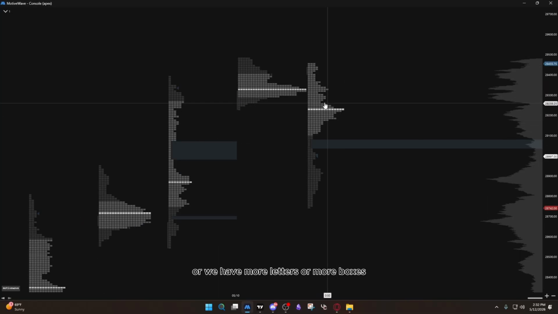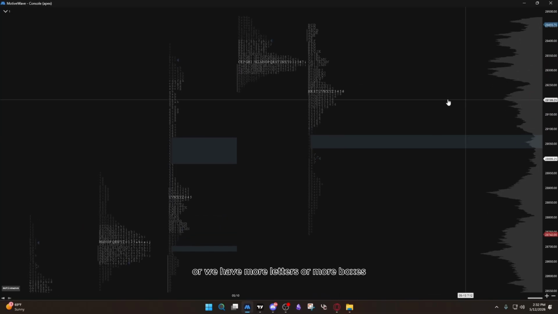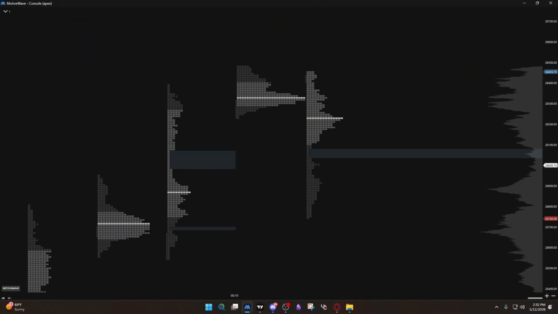Or we have more letters or more boxes, you can see this where we spent more time or where we showed acceptance. Now, a few key things to look at when it comes to TPO are the single prints, excess, poor highs and poor lows, and unfinished auctions.